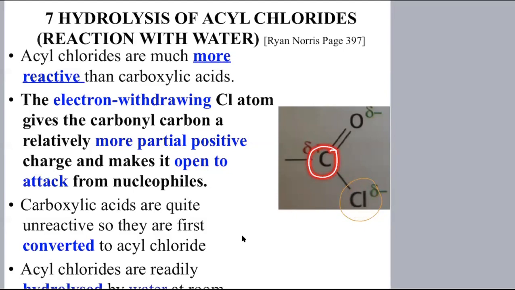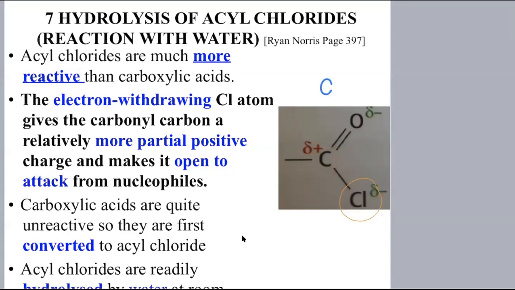That means this carbon will have a slightly bigger partial positive charge, a bigger delta positive, compared to your carbonyl compounds. If I draw a carbonyl compound here, let's see.